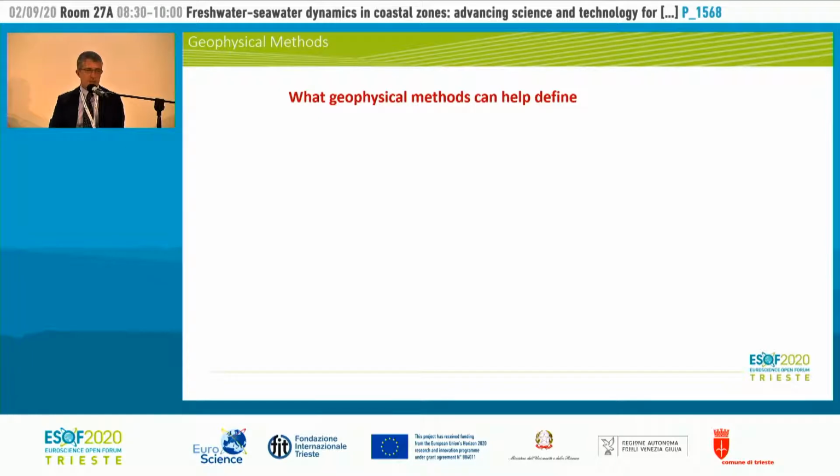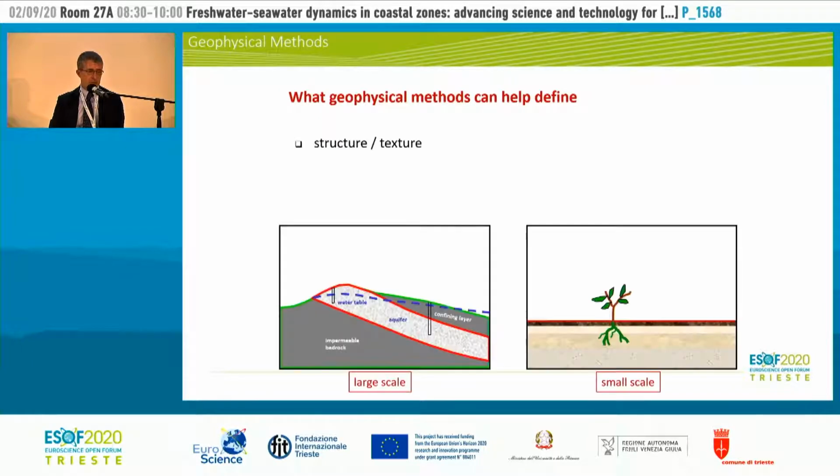In general, geophysical methods can help define three aspects of the subsurface. One is the structure. This is the most classical approach. We want to see what is the structure underground, the geological structure. This is the one that has been used most often in the past, for instance, in mining exploration or energy exploration, petroleum exploration.